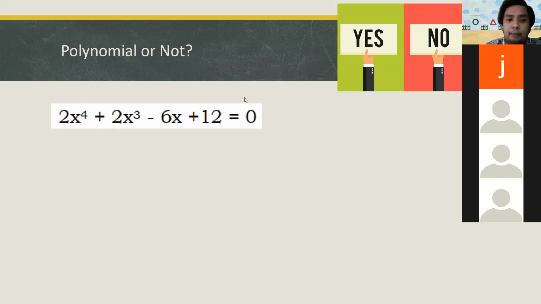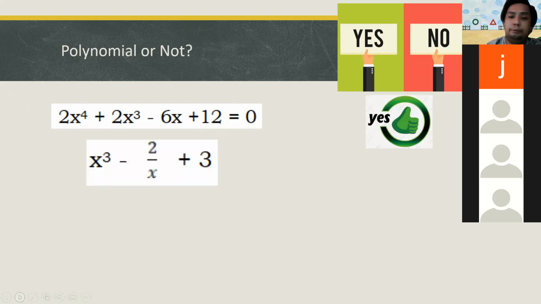Kung mapapansin natin, ano po ba ang mga exponent natin dito? We have exponent of 4, we have exponent of 3, exponent of 1 na hindi natin nakikita, and for the constant, ibig sabihin yan, that's x raised to 0, where 0 is still a whole number. Okay po? So ibig sabihin, this is considered a polynomial. That's correct.